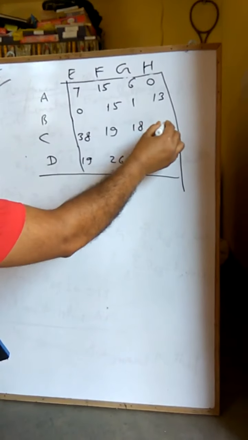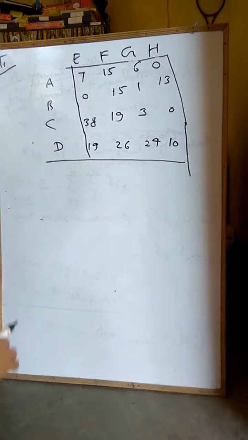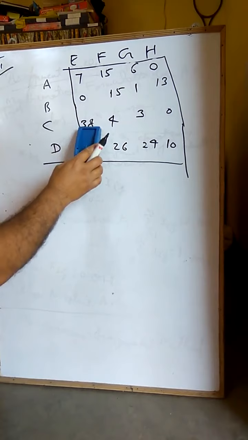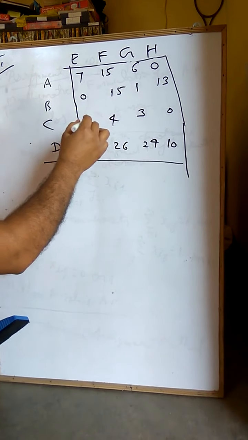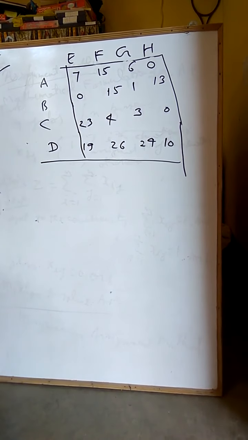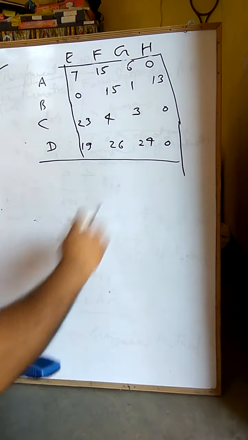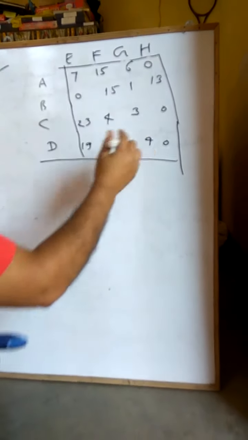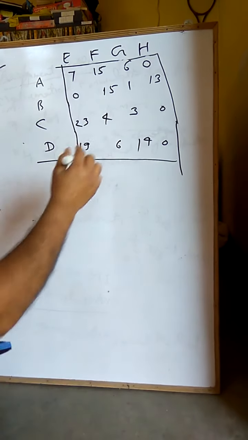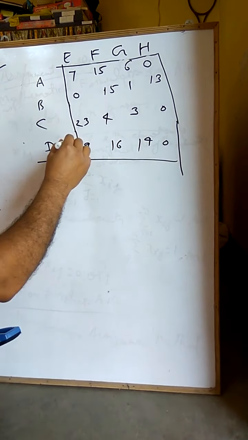So 15 minus 15 is 0, 18 minus 15 is 3, 19 minus 15 is 4, and 38 minus 15 is 23. The smallest number in the fourth row is 10, so 10 minus 10 is 0, 24 minus 10 is 14, 26 minus 10 is 16, 19 minus 10 is 9.